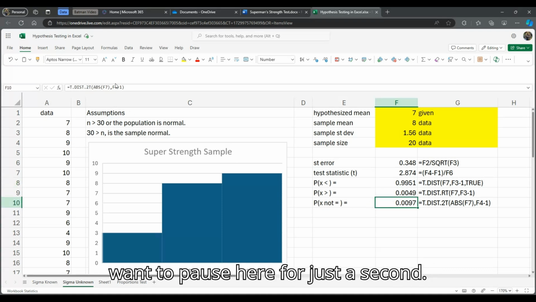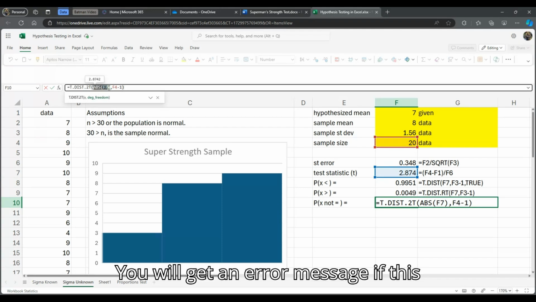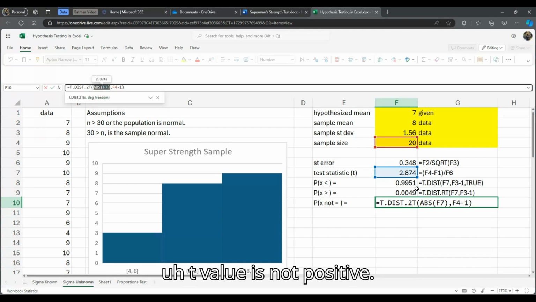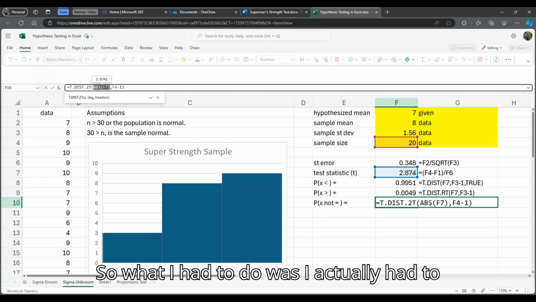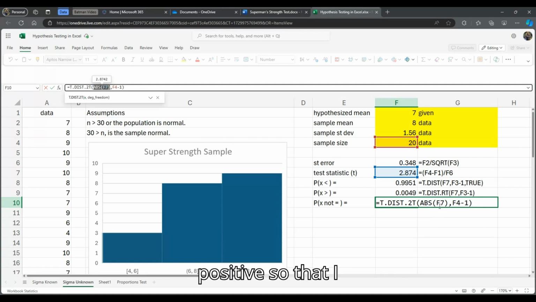Now, I want to pause here for just a second. You will get an error message if this t value is not positive. So what I had to do was I actually had to put the absolute value function in to force my test statistic to be positive, all right, so that I could use this function.